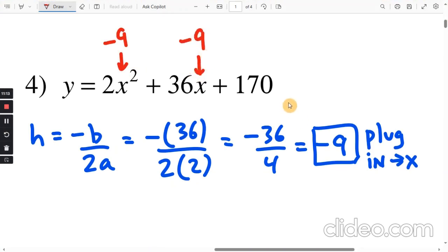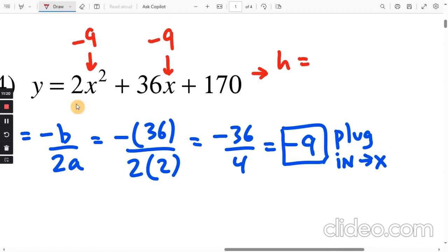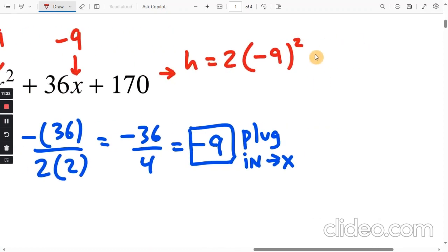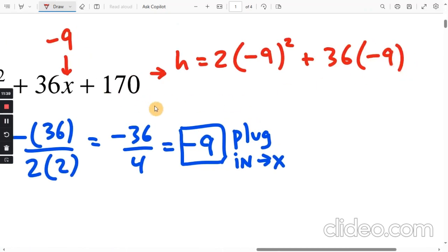And that's how we're going to get the value for k. So we have 2 times negative 9 squared. Make sure you use parentheses on the negative 9, because that whole thing is squared. Plus 36 times negative 9. And then plus 170 on the end.